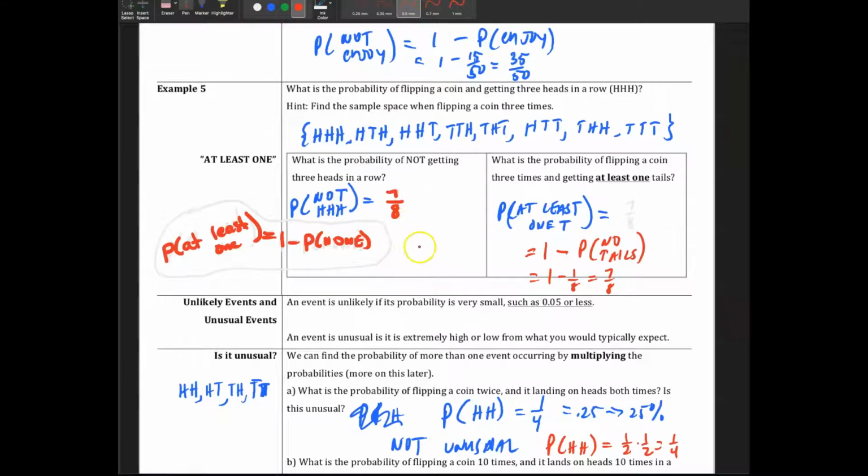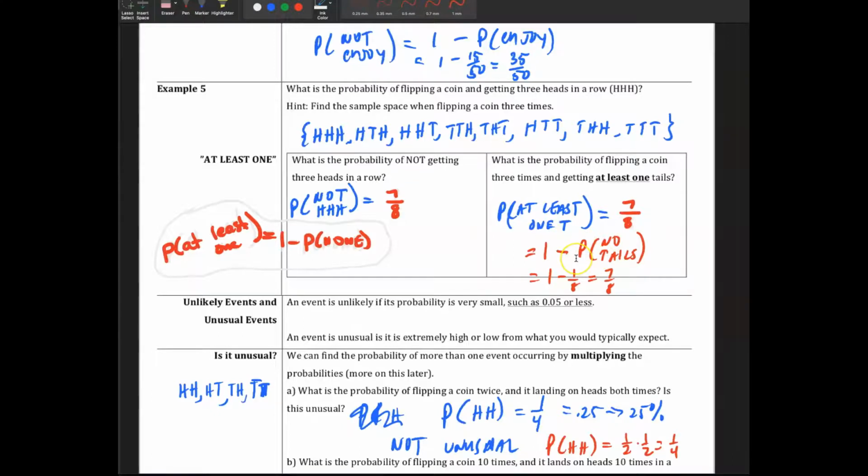Another way we could have solved that is through this at least one rule, and said the probability of at least one tails is the probability of not getting all heads. That language is equivalent. I want to make sure you understand that the probability of not getting any heads is the same thing as the probability of at least one tails.